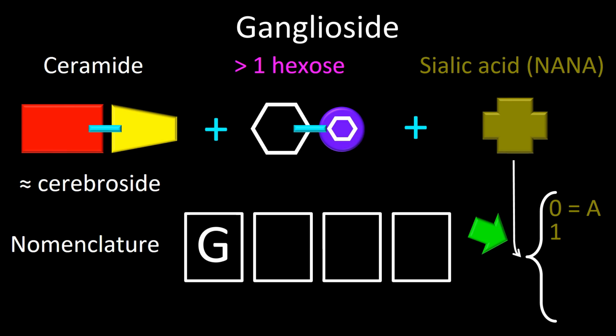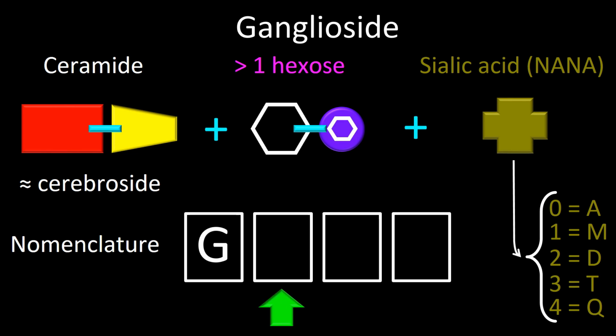When one, the letter M for mono. When two, D. When three, the letter T. And when four, the letter Q. We often refer to a compound with three or more NANA as polysialoganglioside. So the options in this bucket are all the letters we have just mentioned.